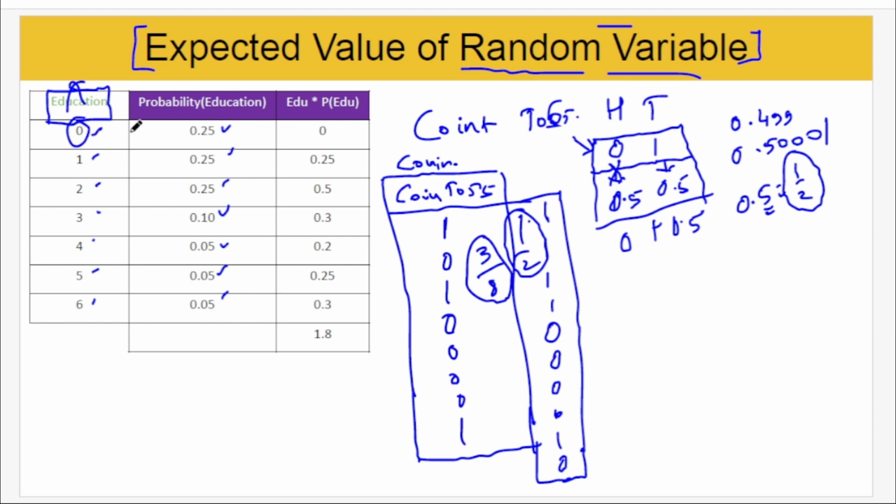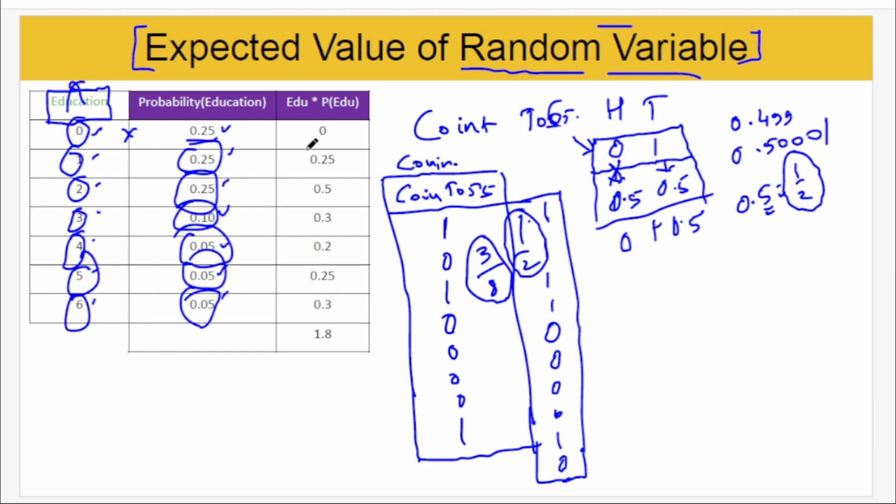Multiply each value with its probability: 1 into 0.25, 2 into 0.25, 3 into 0.10, 4 into 0.05, 5 into 0.05, 6 into 0.05. That's what I have calculated in Excel. If you add up all these values, you will get 1.8.